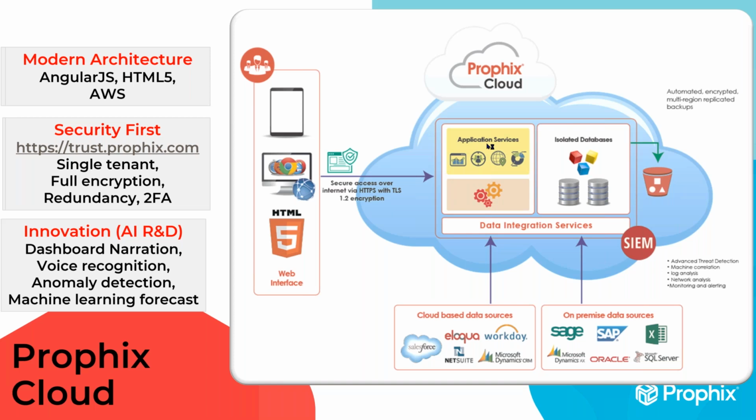So there's a couple of thoughts. Prophix as a company really only offers Prophix Cloud, right? We have a legacy on-prem business because we've been around for 30 years, but our offering today is really only cloud.